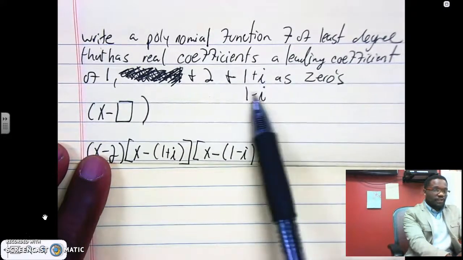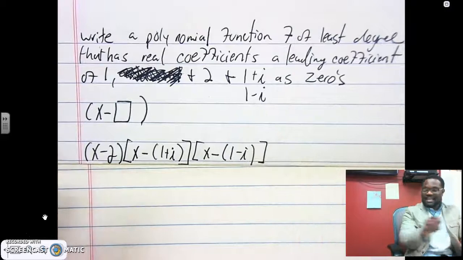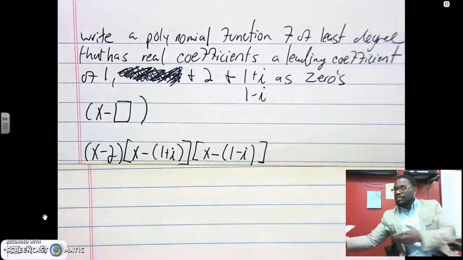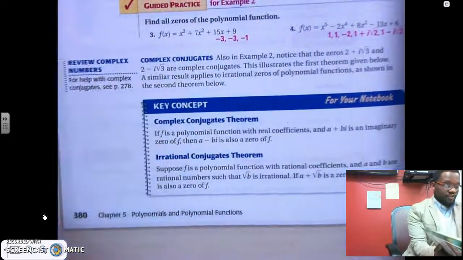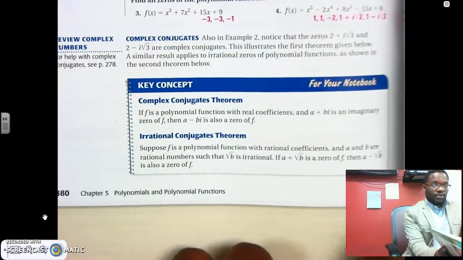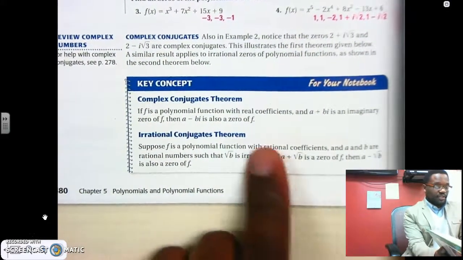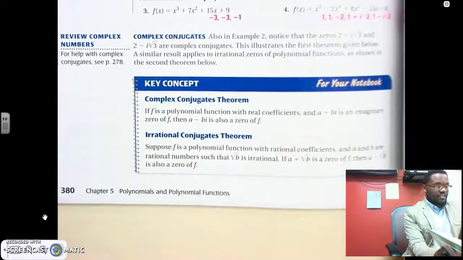What I wrote down right here is if you have 1 plus i, then automatically 1 minus i is a zero. The reason for that is because of these two theorems that you need to copy down, the complex conjugates and irrational conjugates, okay?